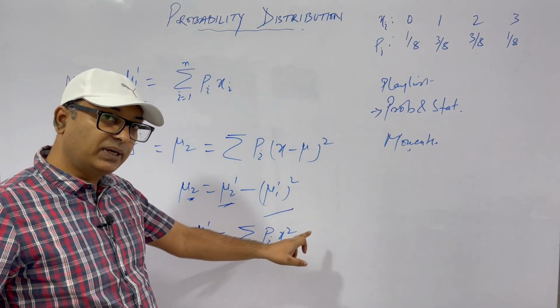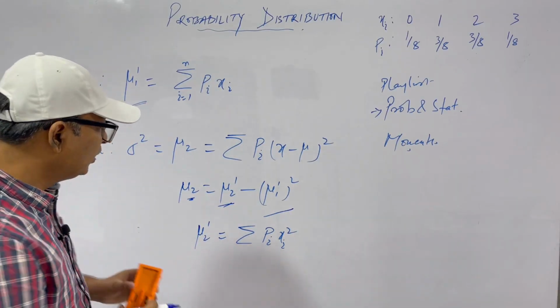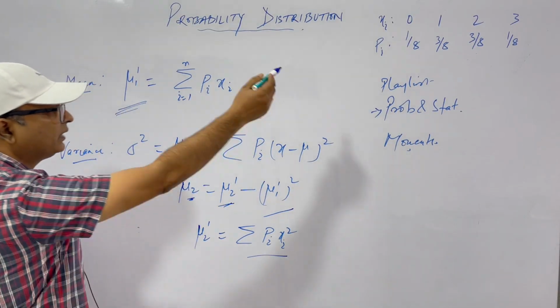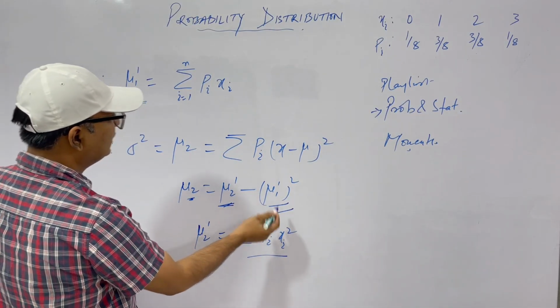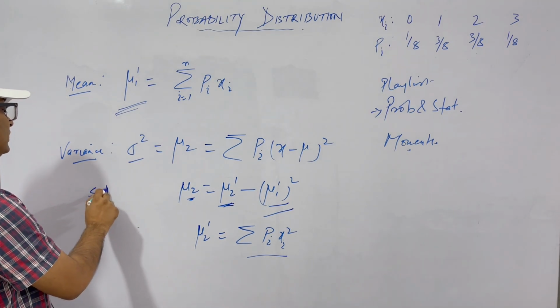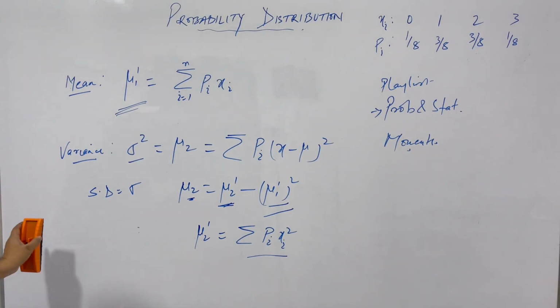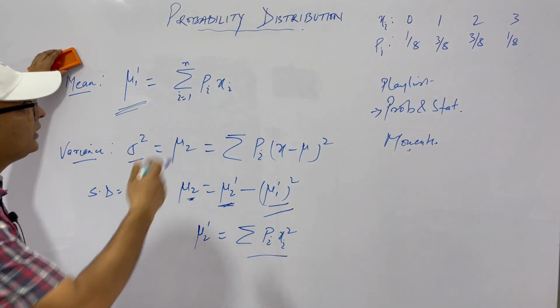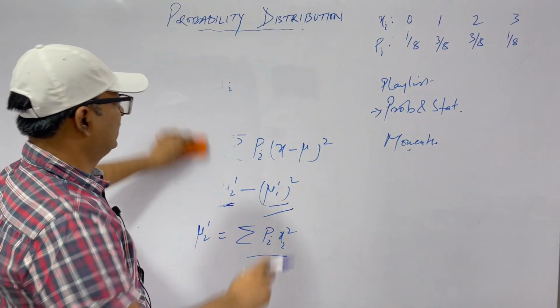Similarly, it is xi minus a whole square, but a is 0, therefore pi xi square. You take this value from there, put it here: this minus this, and you will get the variance. Clear? And the standard deviation is simply the root of this. So we will be using this to get the mean and variance of this distribution.